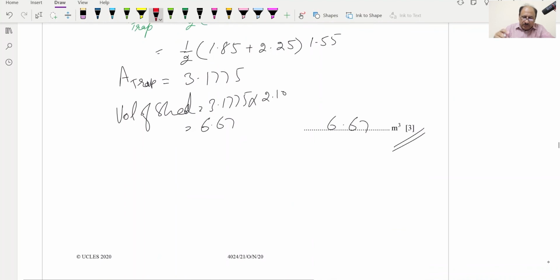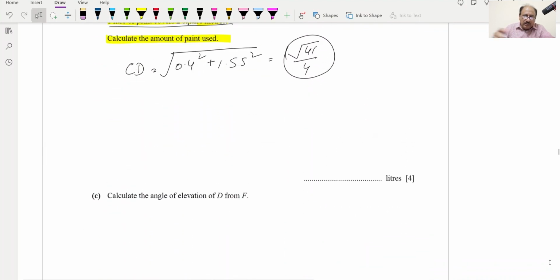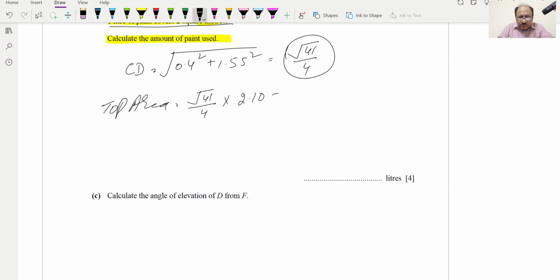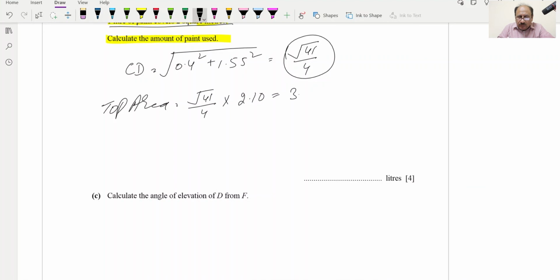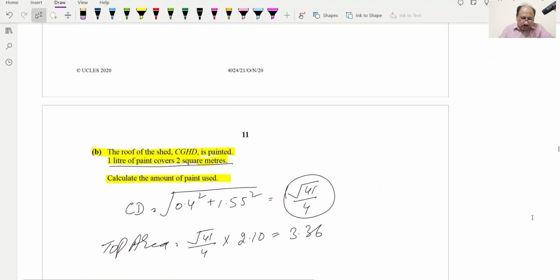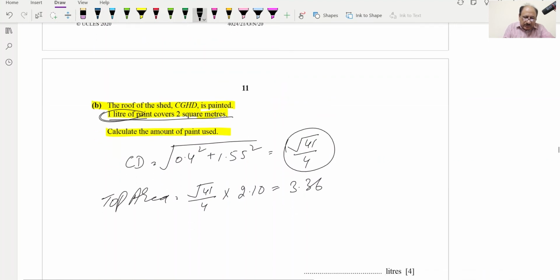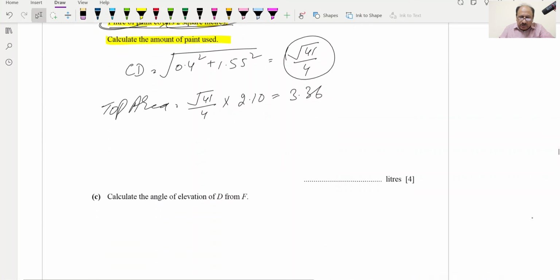For the area, we can write the top area will be equal to root of 41 over 4 multiplied by 2.10, and this is equal to 3.36 in decimal value. We know that 1 liter covers 2 square meters.